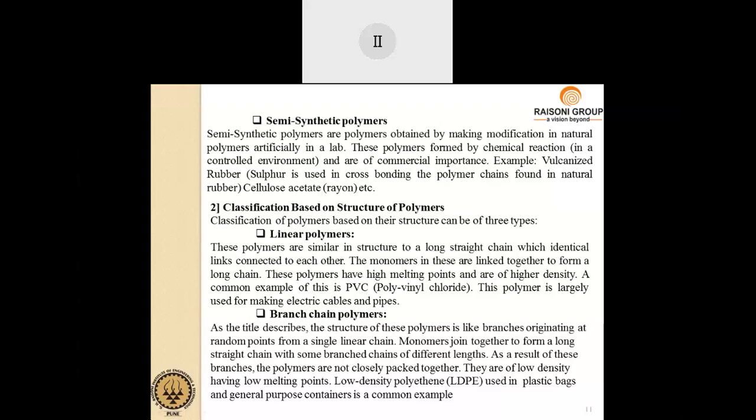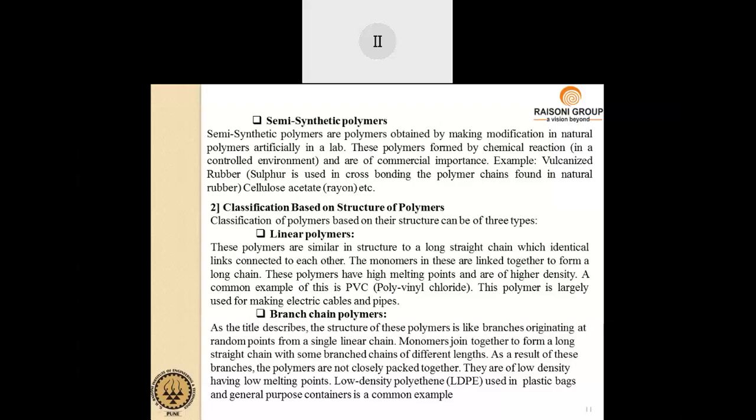There is a single linear chain, and from that chain different branches come out. Here also different monomers join this way and form a long straight chain where there are also some branches of different lengths. In that way branched chain polymers are formed.